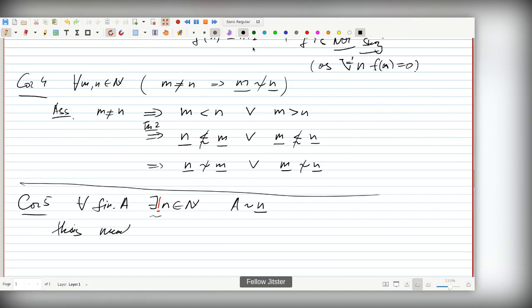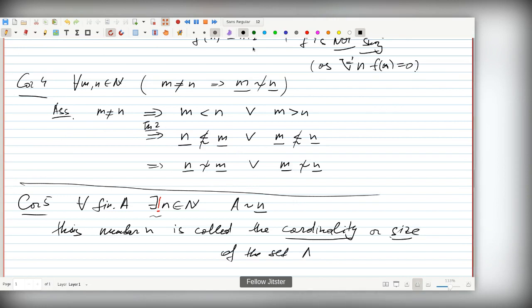This number n is called the cardinality, or size, of the set A. We write it this way: the bars surrounding A, equals n.